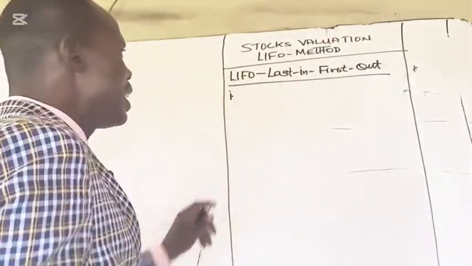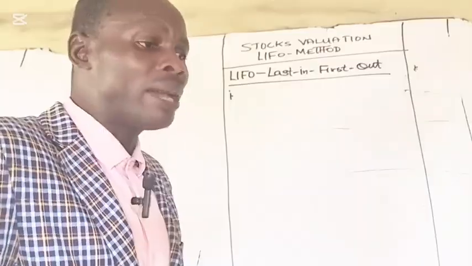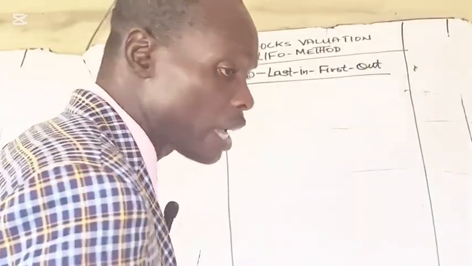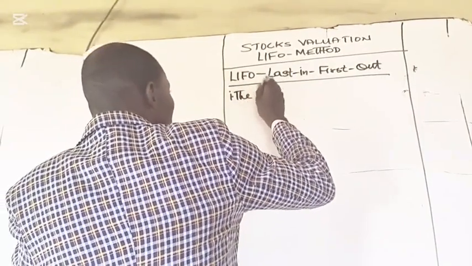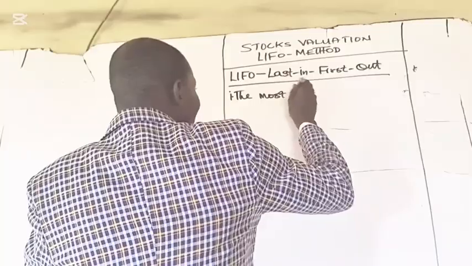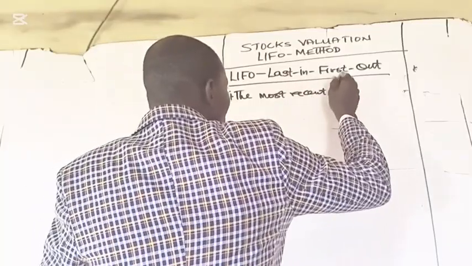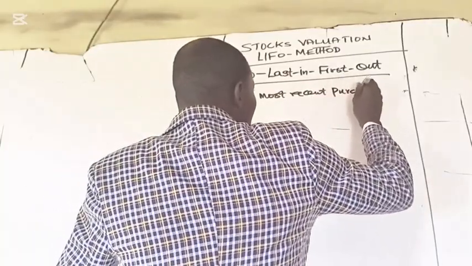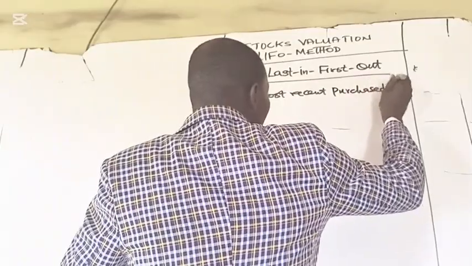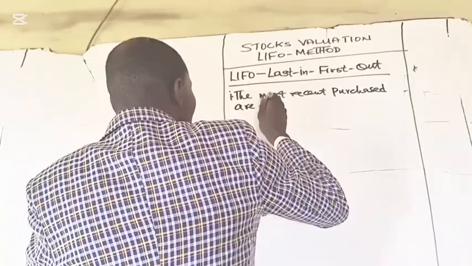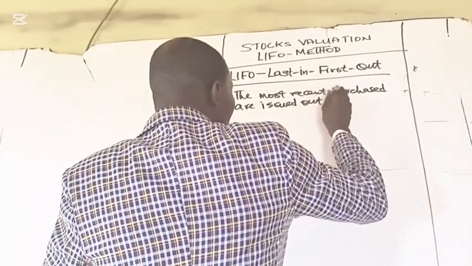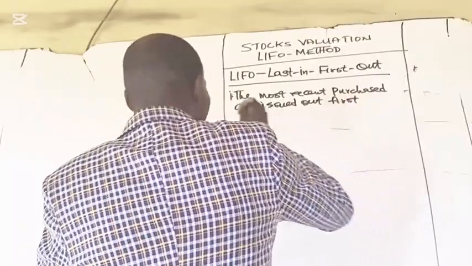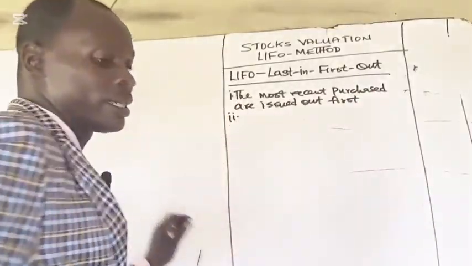Under the LIFO method, I said the most recent materials purchased are issued out first. And at what price?